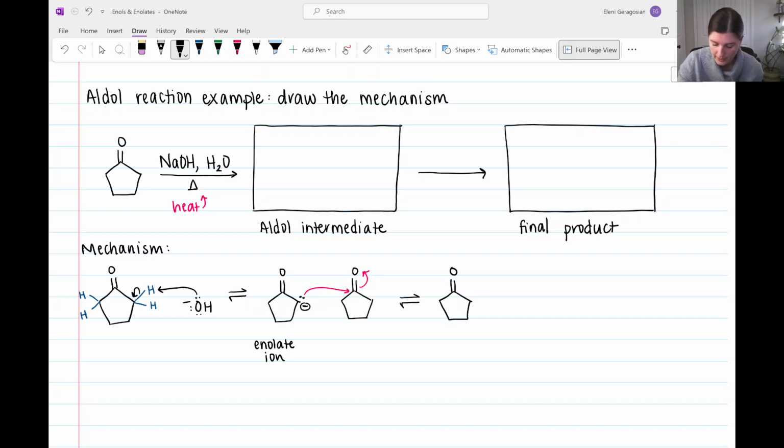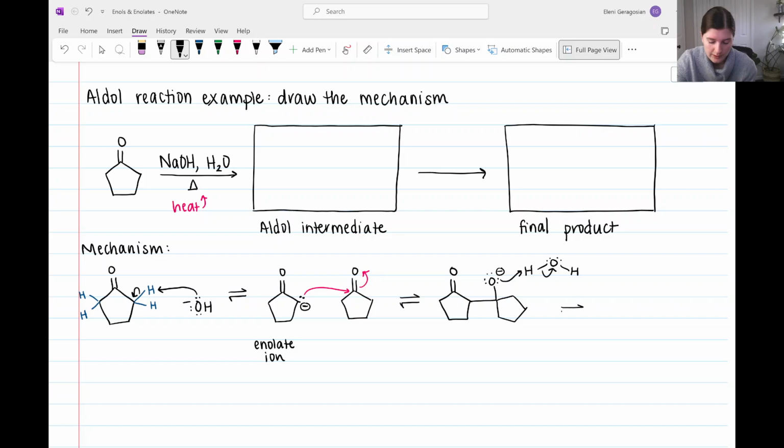So we still have our pi bond to the oxygen. Now the alpha carbon has a new bond to the carbonyl carbon in the other ketone, and that became negative. And then this is all attached still to the 5-membered ring. So we have a negatively charged oxygen. We can neutralize it using water in the solution because it's basic solution, so water will be giving a proton.